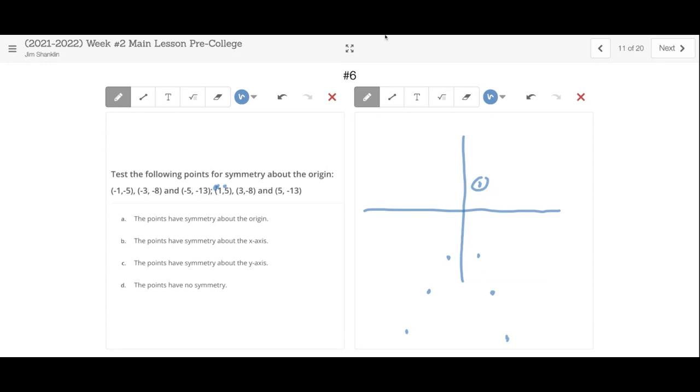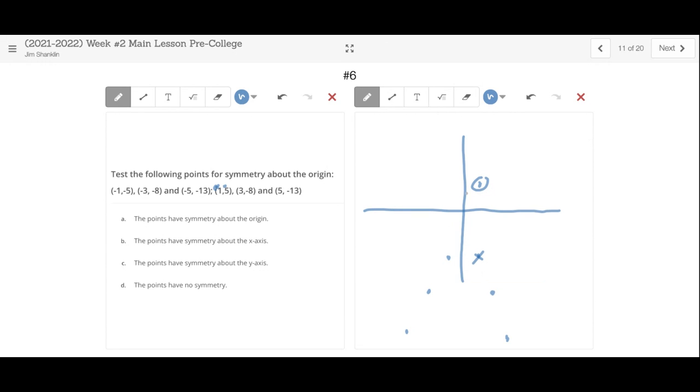Let me see what my answer key is. I thought I changed it. Let me go in there because I don't want to give you a wrong answer on the practice for this week, because that's not cool. Let me take a look here. That was problem number 5, was it? Or number 6? No, it's letter D. So I guess that point does go up here and it's not here.